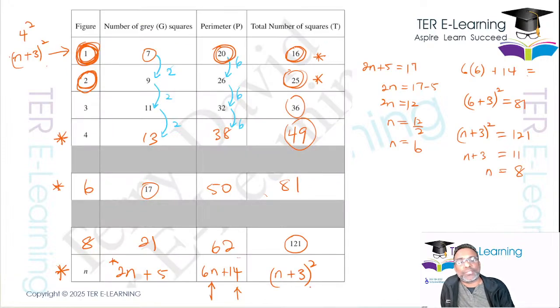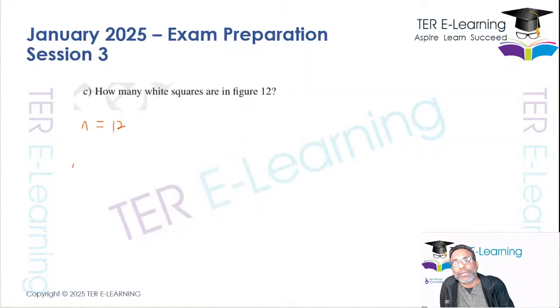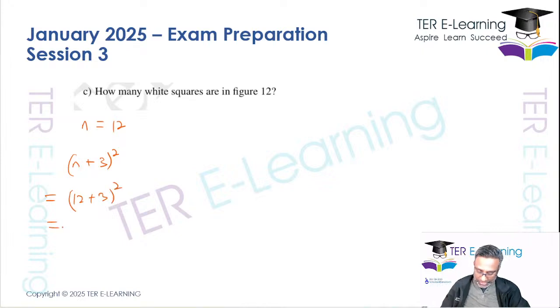The total number of squares is given by this formula here, n plus 3 squared. So if we plug 12 into this formula, it's going to be 12 plus 3, squared. So that's going to be 15 squared. That's 225. So this is the total number of squares that we do have.